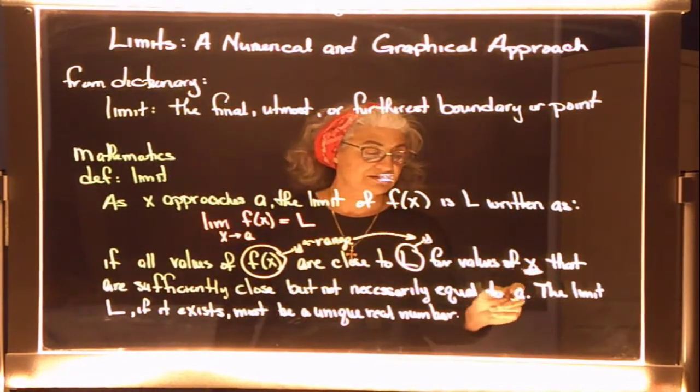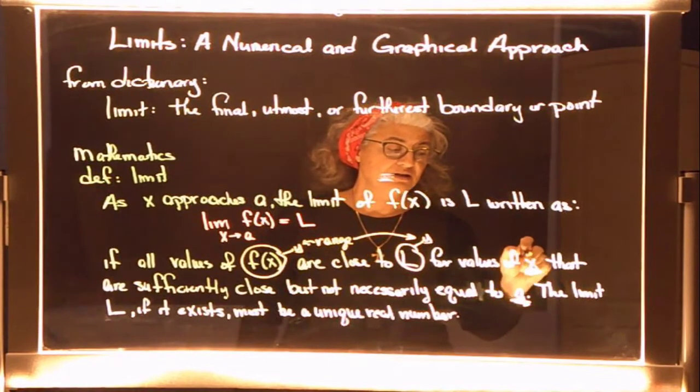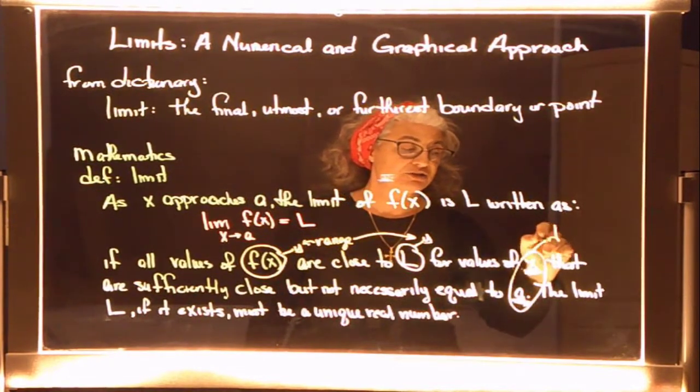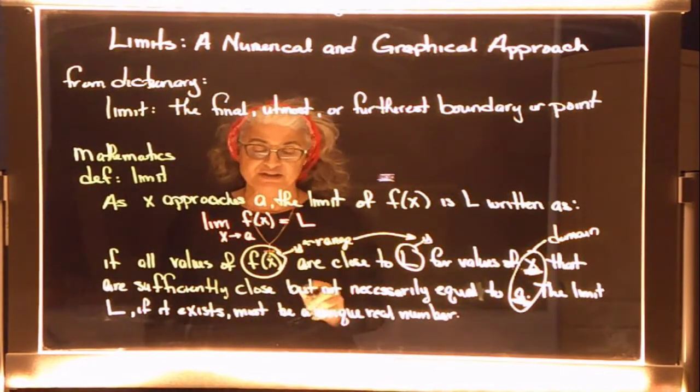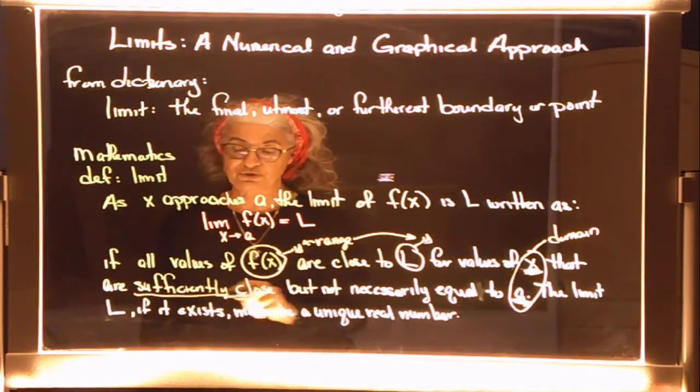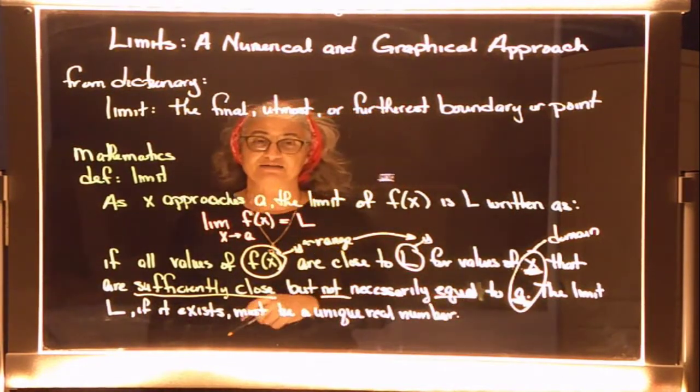This value of x and this value of A must be part of the domain. Notice it says sufficiently close to, but not necessarily equal to that A, that x value.